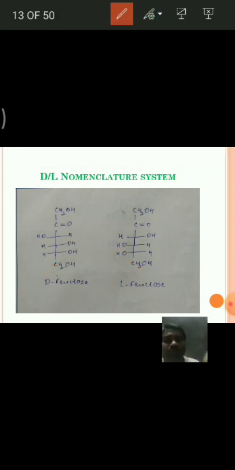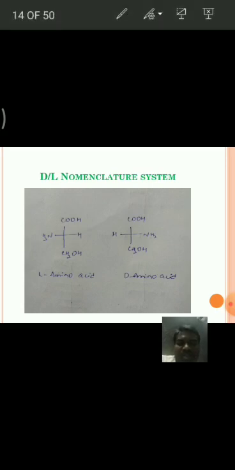Then, DL nomenclature is also used for assigning configuration to amino acids. See here, in amino acids, the position of the NH2 group is considered. If the NH2 group is on the left side, then the isomer is called the L isomer or L-configured molecule.